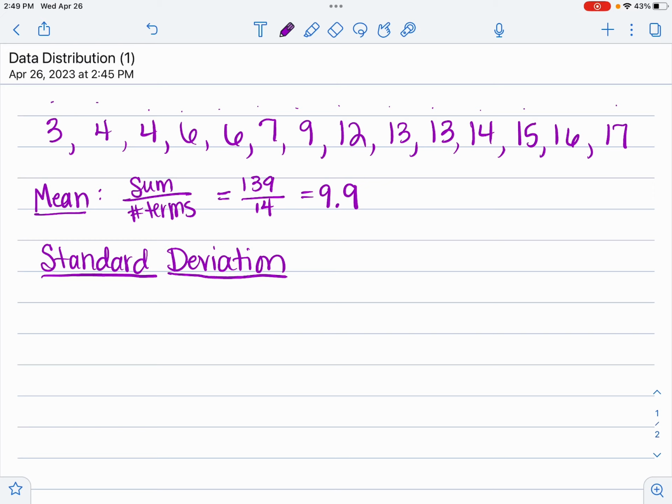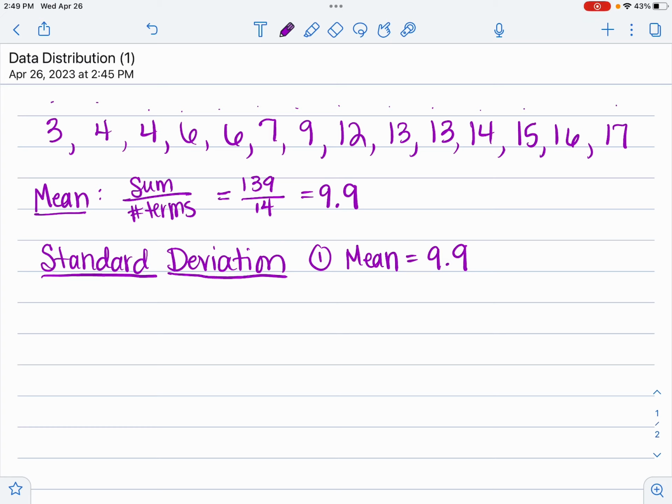And statisticians just use it to decide whether or not the set of numbers is a good set of numbers or it's not very consistent, and that's what the standard deviation is used for. So let's talk about how to find the standard deviation. Now, we've already done step number 1. We found the mean. We already know that the mean is 9.9, and that's what we consider the average.